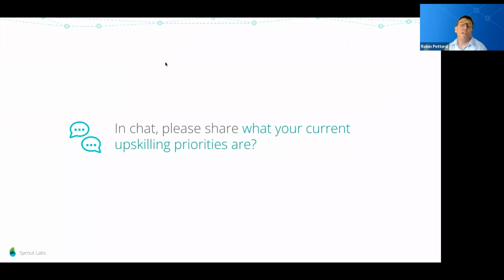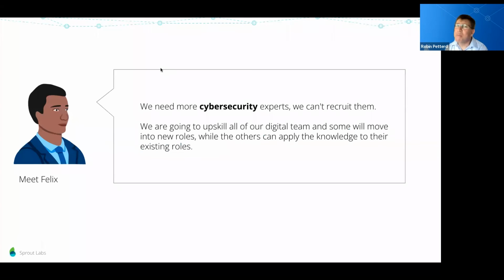The scenario we're going to follow through is actually a perishable skill. I had real trouble deciding whether it was going to be a perishable skill or a durable skill. So it's actually a tech skill as well. So meet Felix. We're going to help Felix design a learning ecosystem. It's essentially about helping his tech team and digital team become better at cybersecurity.